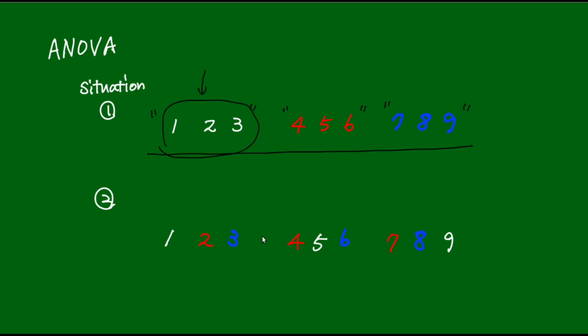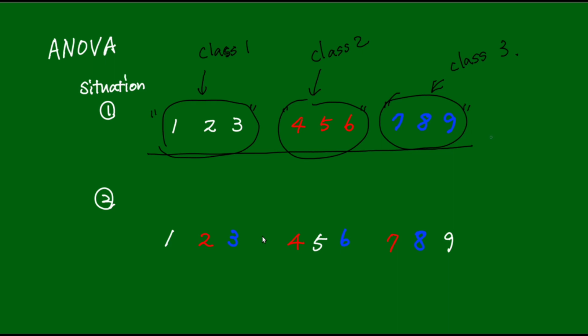So let's say all these 9 numbers are homework scores out of 10, and these 3 came from class 1. The red numbers indicate that these 3 came from class 2. And for the blue numbers, this is the homework score of the students who belong to class 3.